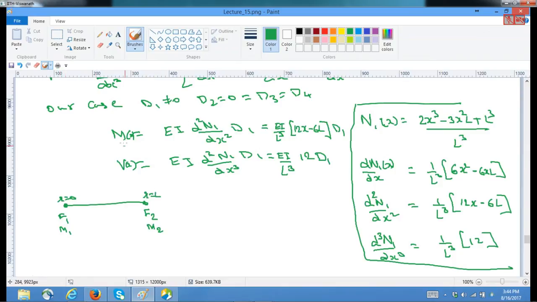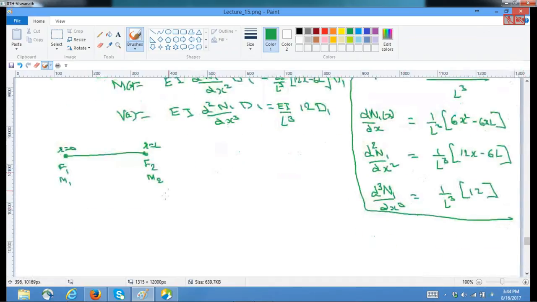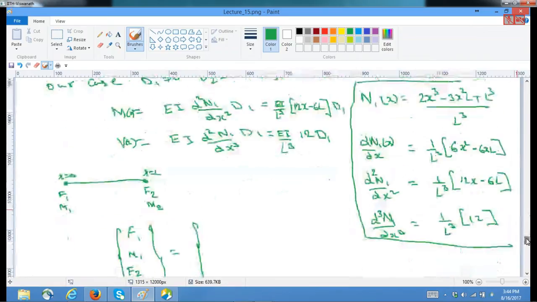When I substitute in these cases, I will directly obtain those values. On substitution, I'm writing F1, M1, F2, M2 in a vector form for a certain reason. So when only D1 is present, it can be represented as this, this is 12.